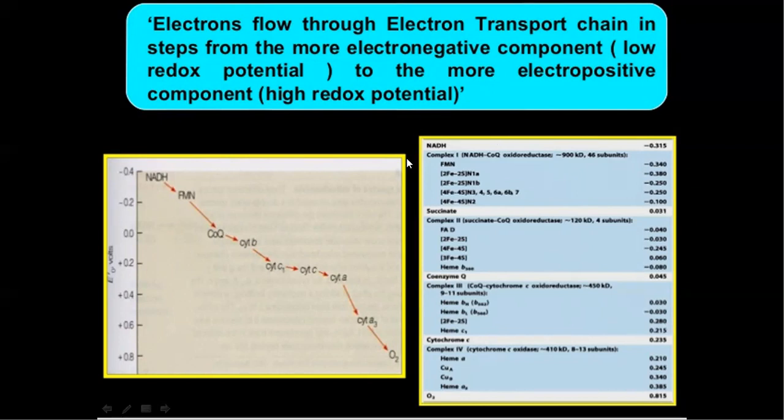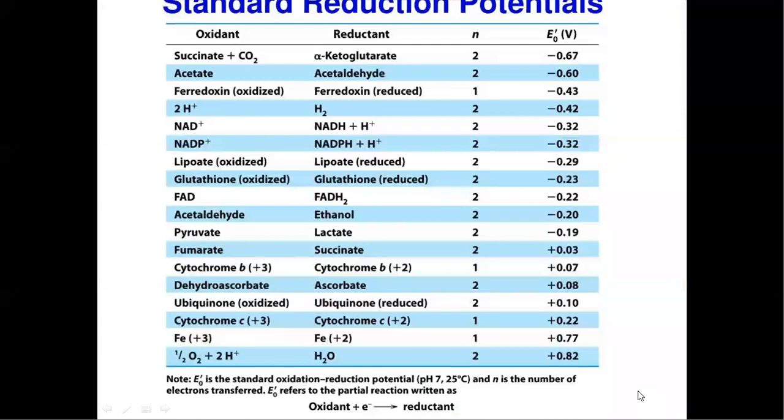That means NADH will start the electron transport system. The electron will be transported from this point, and finally at this point, oxygen has the higher redox potential value. That means the electron transport system will end here.